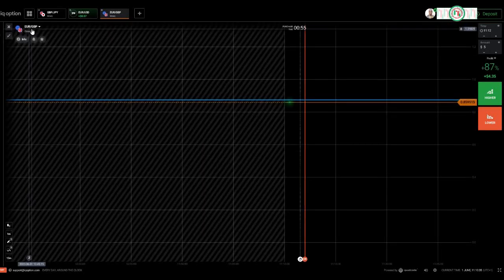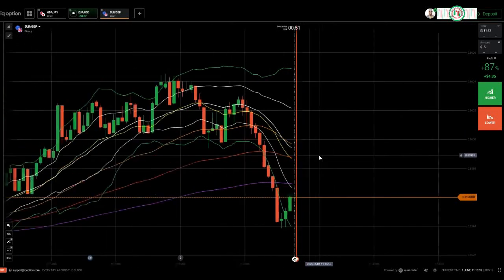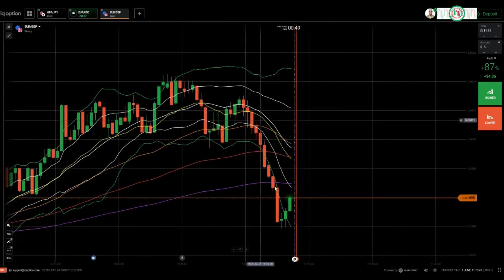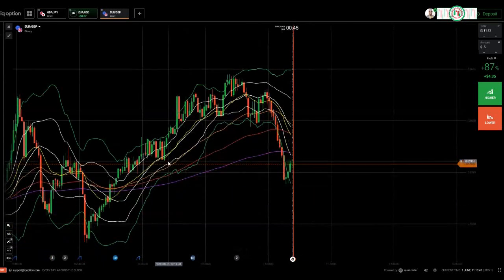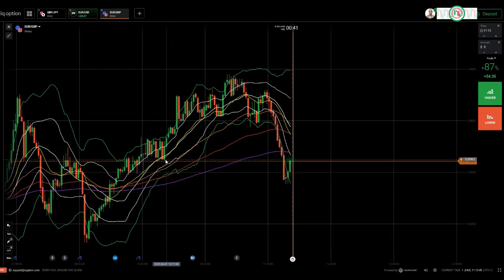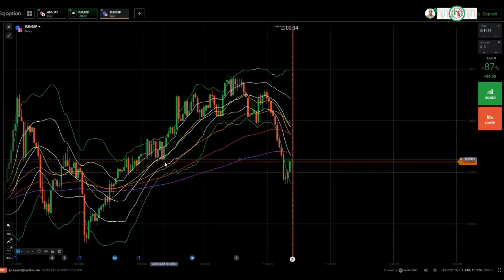Let me check another one. This is a strong downtrend, strong momentum, and you see this is a level. So if the market touches any level, the market will reverse because of the momentum.